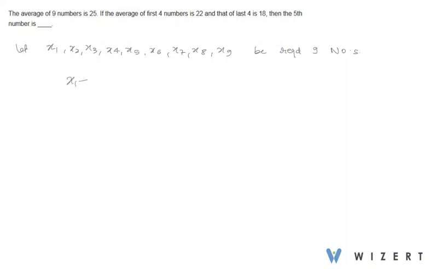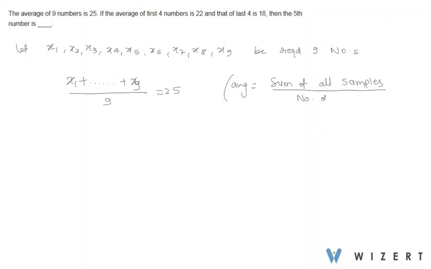So x1 plus ... x9, the sum of all these numbers divided by 9, is 25, since average is equal to sum of all samples divided by number of samples.